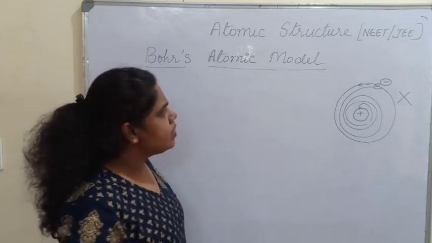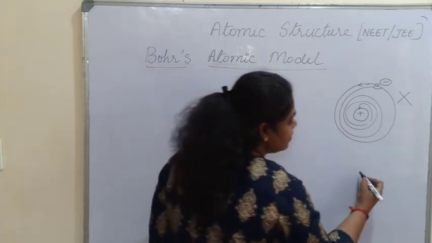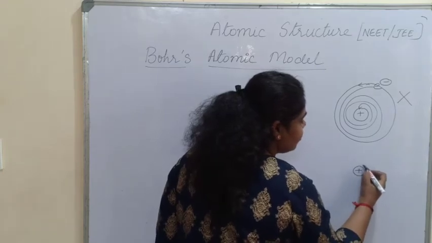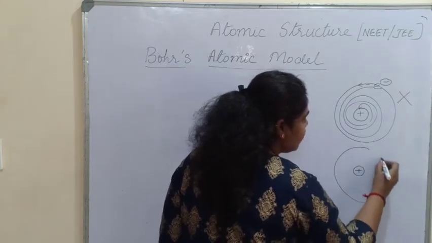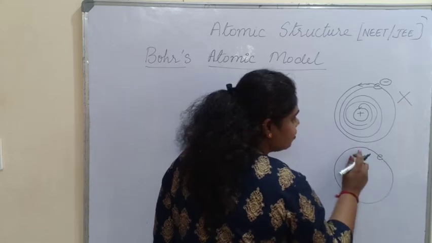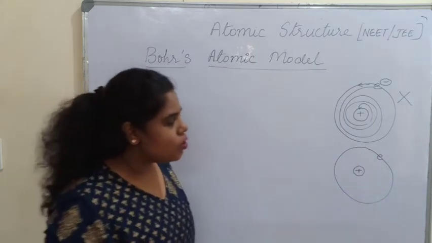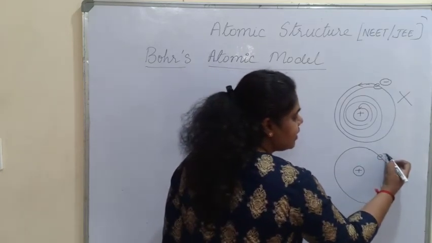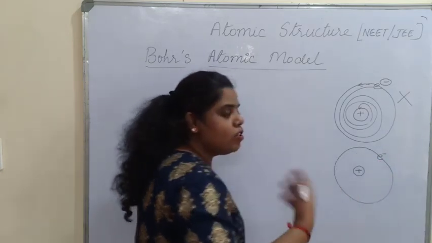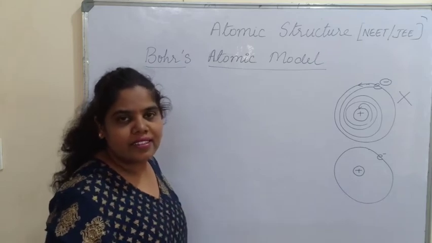In Bohr's atomic model, what Bohr said is, this is the nucleus of an atom and the electron revolves around the nucleus in a fixed orbit. As long as the electron is present in the fixed orbit, it neither loses energy nor gains energy.